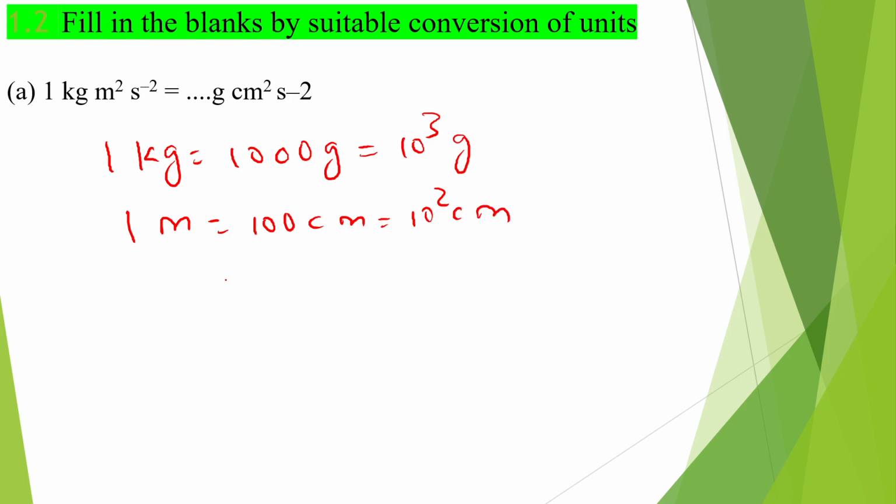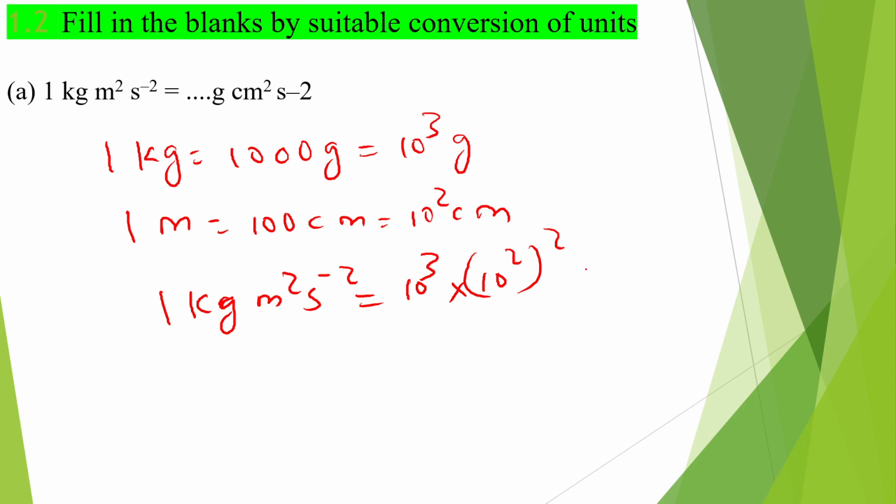Alright, so once you substitute this, 1 kilogram meter square second raised to minus 2 is equal to 1 kilogram is equal to 1000 grams, so 10 to the power 3, multiplied with centimeter square. Centimeter means 10 to the power 2 whole square, and second raised to minus 2, there is no change.